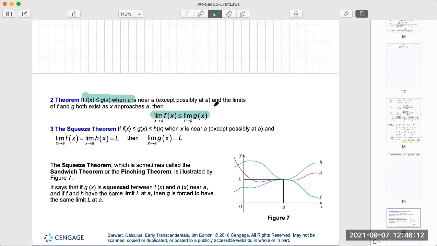Makes sense, right? A bigger one has a limit that will be bigger than the smaller one here.